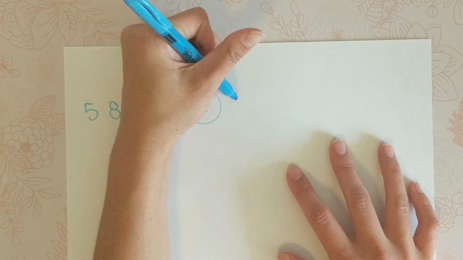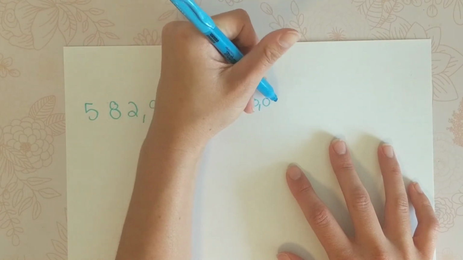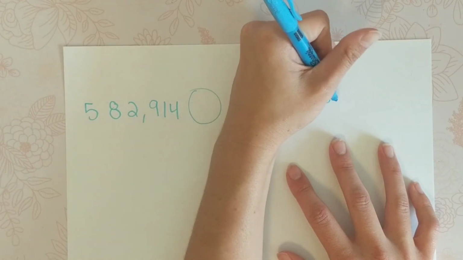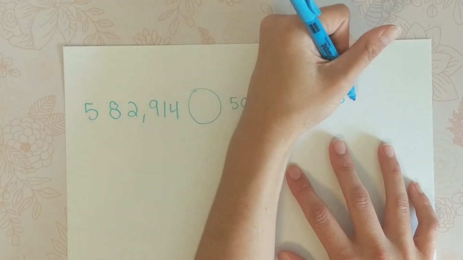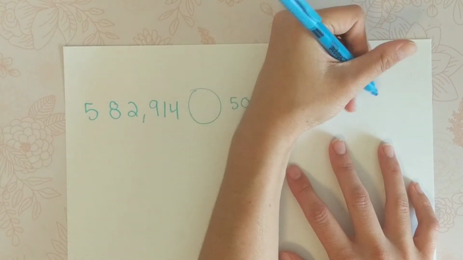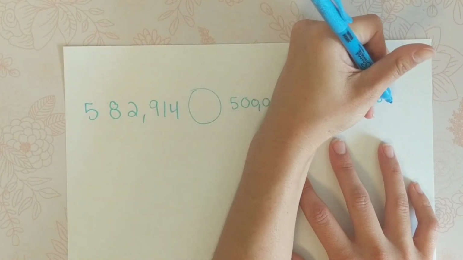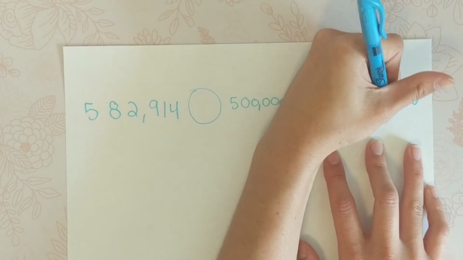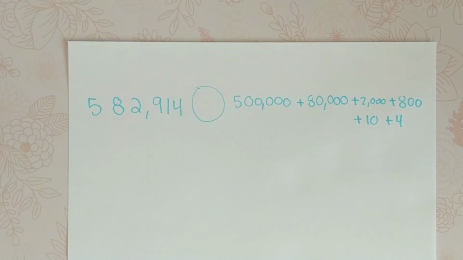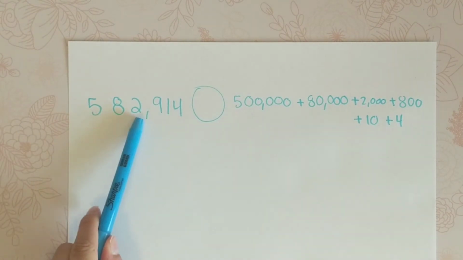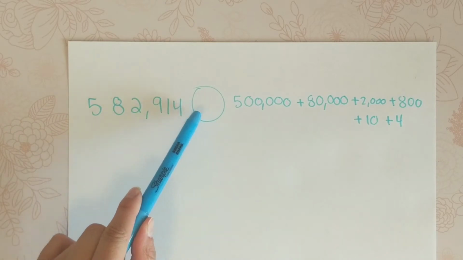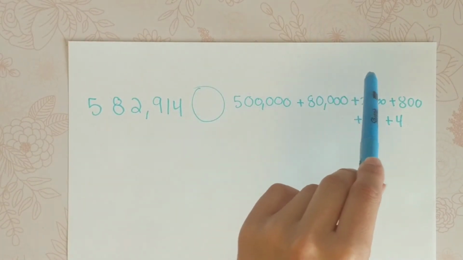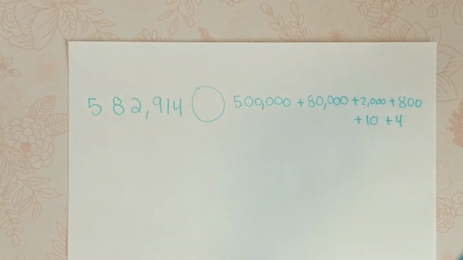So expanded form. 8,000, 2,000. Okay, they're asking you to compare that. 582,914 as it compares to 500,000 plus 80,000 plus 2,000 plus 800 plus 10 plus 4.